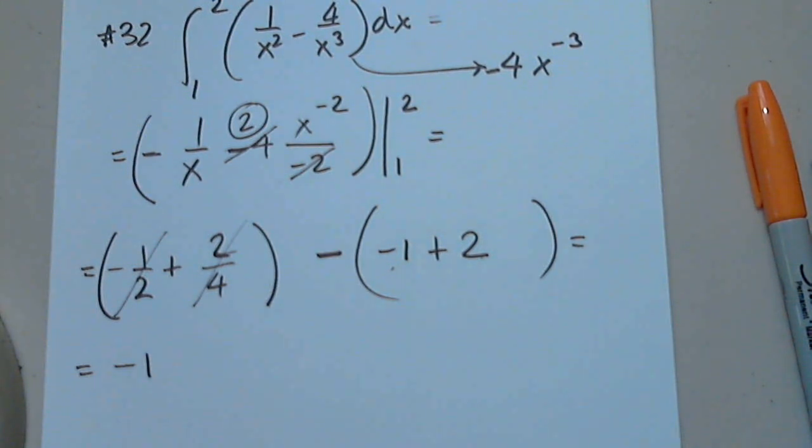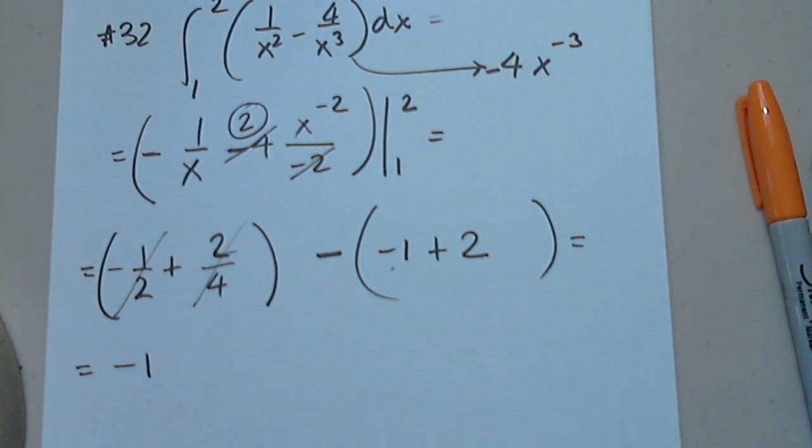Okay. So the integral is from 1 to 2, and we have 1 over x squared. Be very careful how you enter it. And then minus 4 divided by x cubed. And don't forget dx. There is no integral without dx.